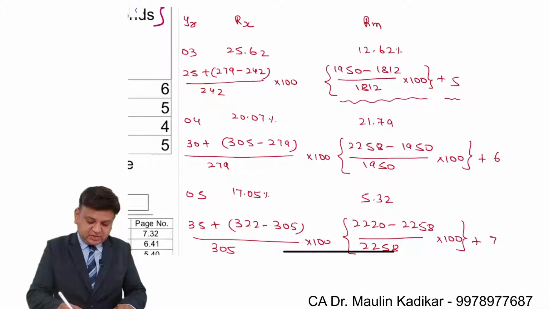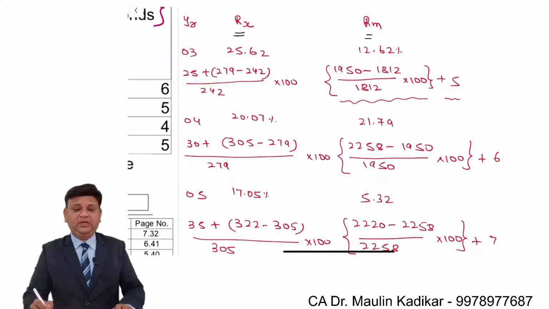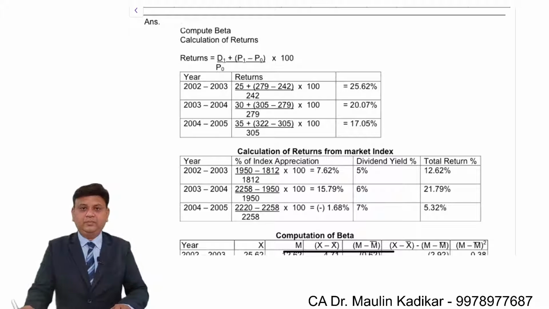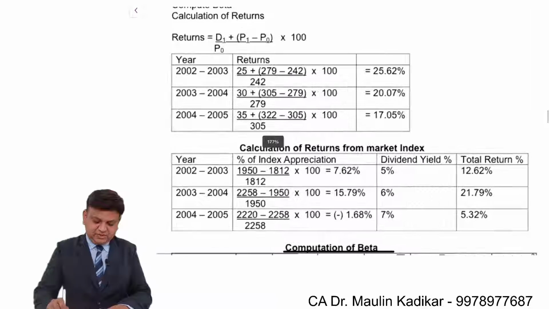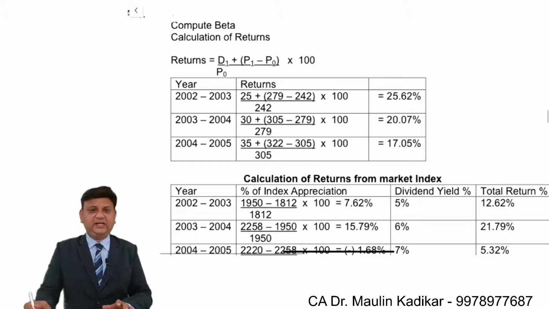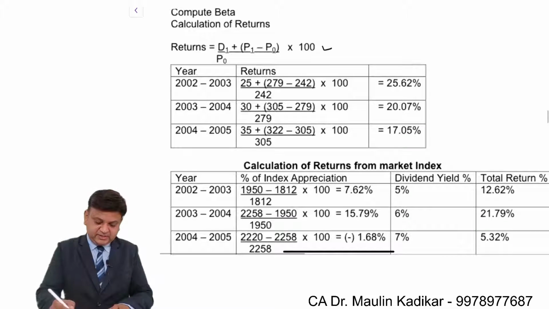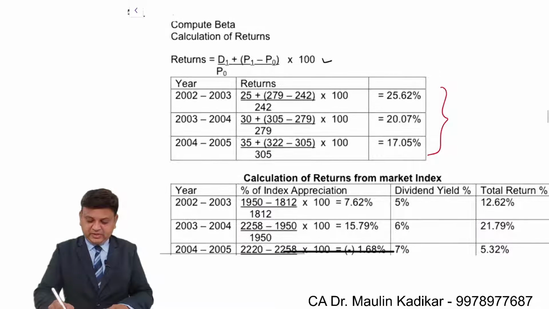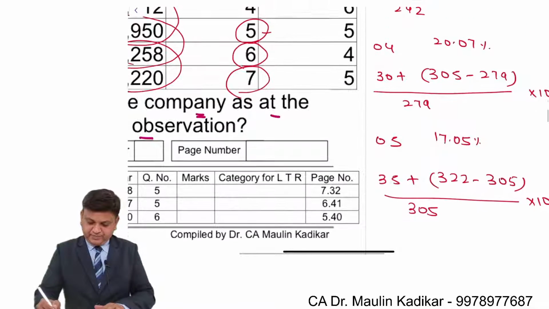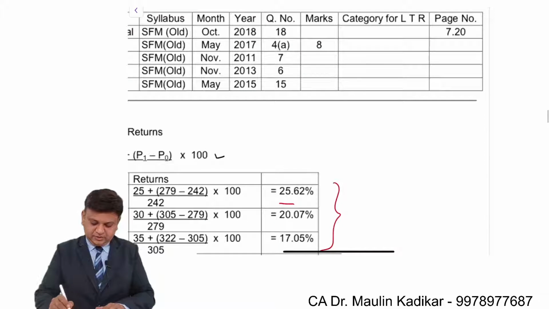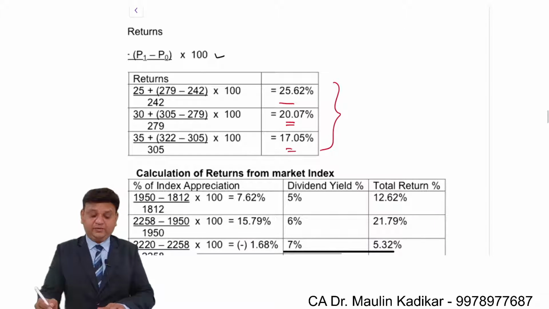So you can see that we have found the return of the security X and the return of the market portfolio. Once you make this calculation, calculating the beta is not so difficult. Dear students, I have provided the answer along with the question, because there is nothing great that you have to do. The return for the security is 25.62, 20.07 and 17.05.